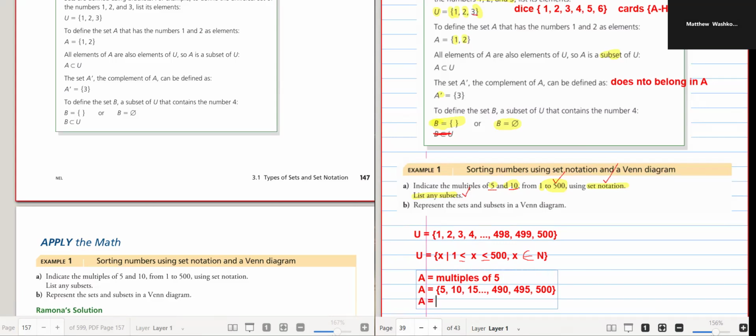So A equals, again, what number do I want to put here? I'm going to say, I don't know, fives, F, 5. 5 is F. That's why I'm putting F. I could put whatever I want. I could put T. I could put H. I could put K. Whatever it is. I'm putting F because I'm talking about fives, right?